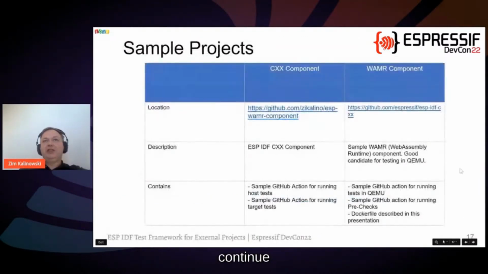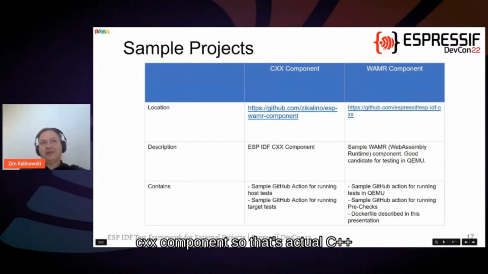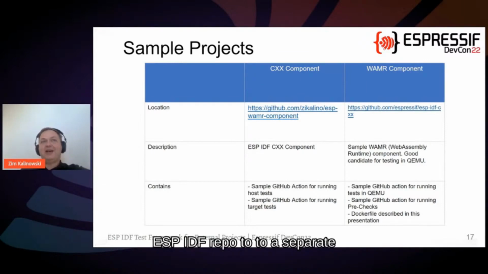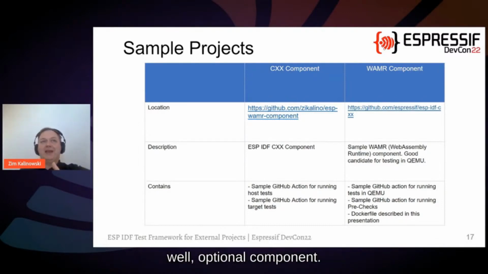We can continue with the sample projects I've created. The first sample project is the CXX component. That's the actual C++ component. We've migrated it out from the main ESP-IDF repo to a separate repository, so it can be installed as an optional component.